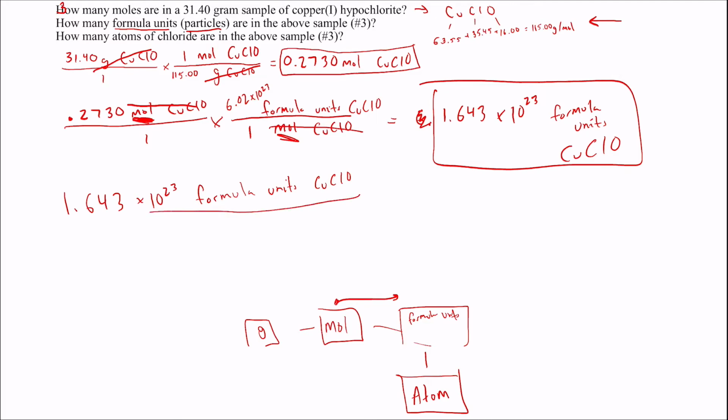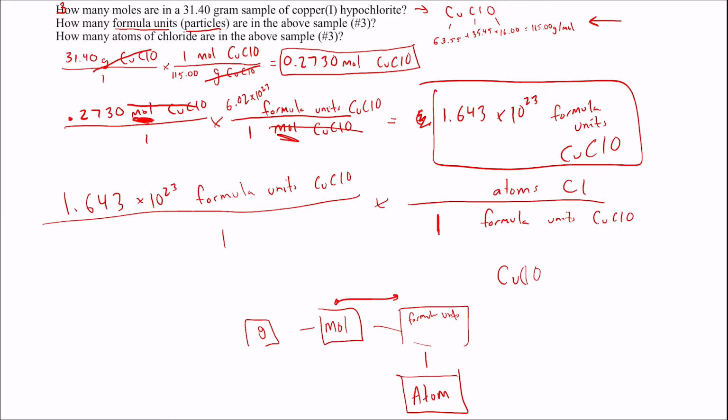Okay, over 1. And then I'm going to put formula units on the bottom, and then atoms on the top. And because we're just going to one of the atoms, I'm going to write it down, and it is chloride, so Cl. So for every 1 formula unit of CuClO, there is only 1 chloride in there.